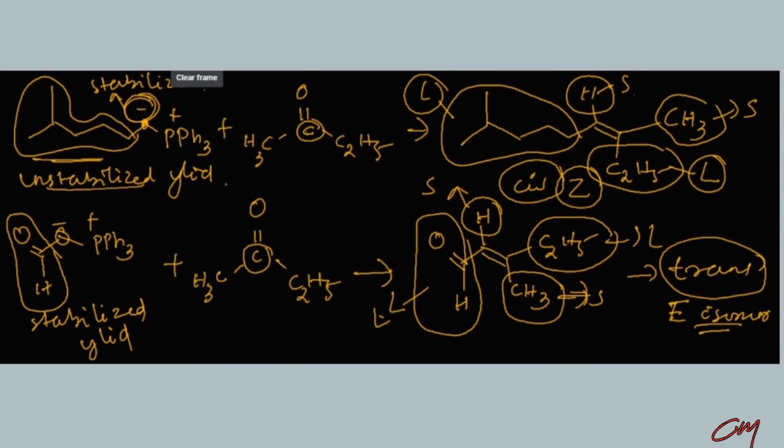Okay, now we will see why cis alkene is formed by unstabilized halide and trans alkene is formed by stabilized halide. To know this, we will take the halide and the carbonyl group, they will be approaching each other perpendicularly. Like this halide, this is some alkyl group, this is hydrogen, and a carbonyl compound is approaching this halide perpendicularly.